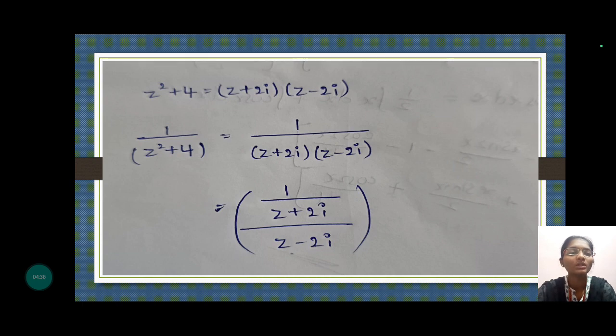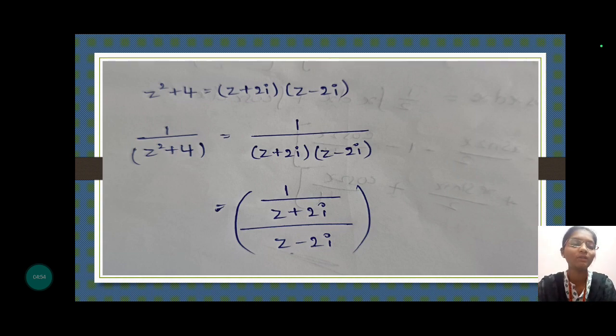And z square plus 4 is equal to (z plus 2i) into (z minus 2i), so 1 by z square plus 4 is equal to 1 by (z plus 2i) into (z minus 2i).